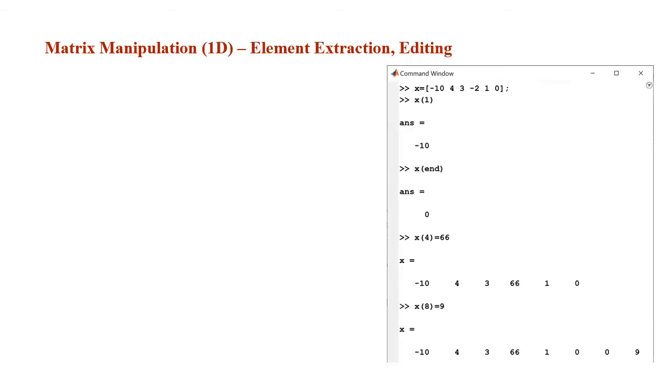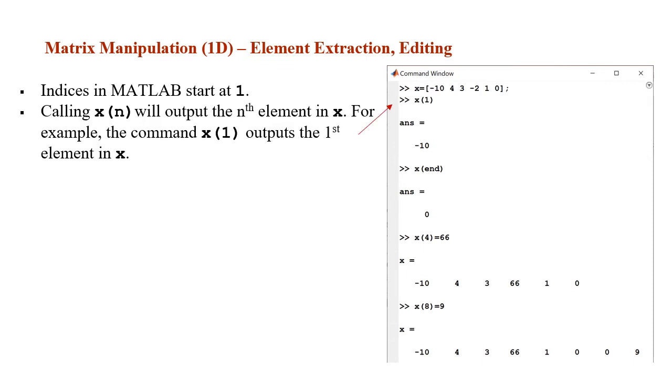Now we're going to deal with matrix manipulation, 1D matrices, and how to extract elements or edit them within an array. Notice that, as mentioned before, indices in MATLAB start at 1. So, for example, if we type x(1), this will output the first element in x, which is -10 in this example.